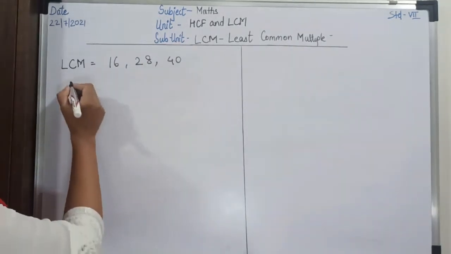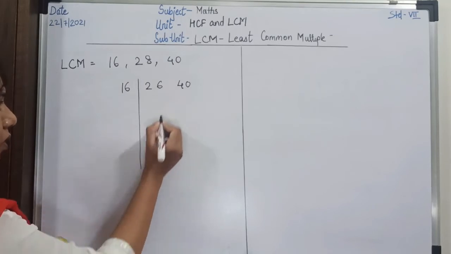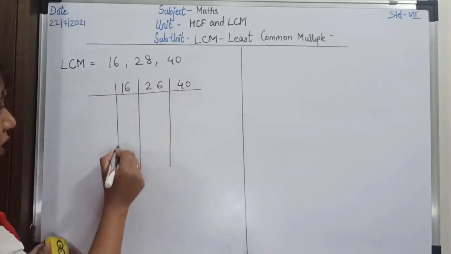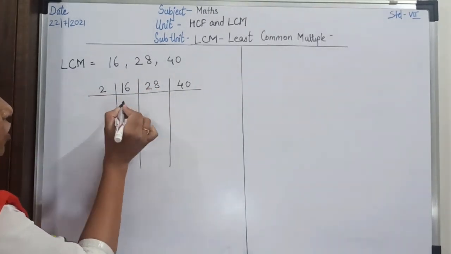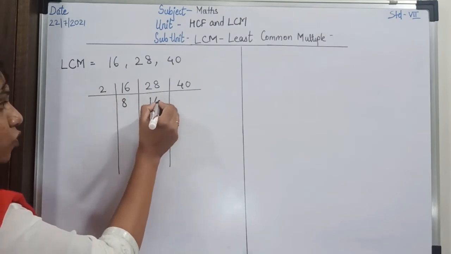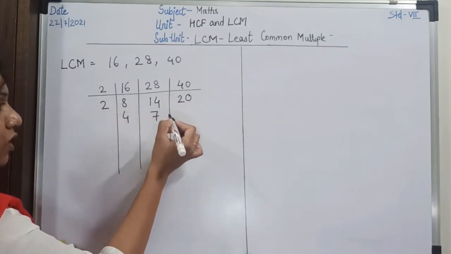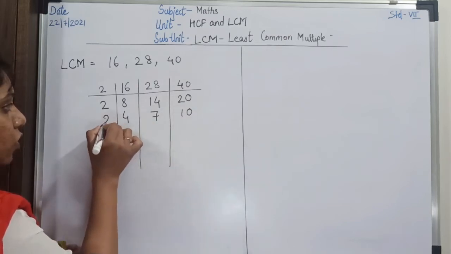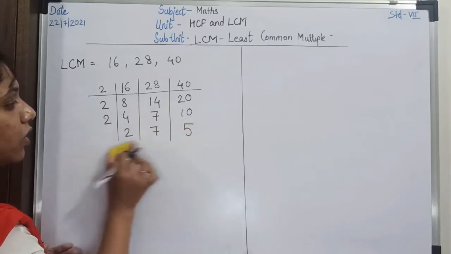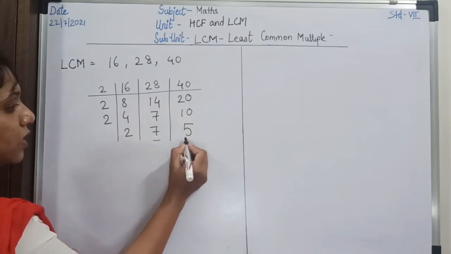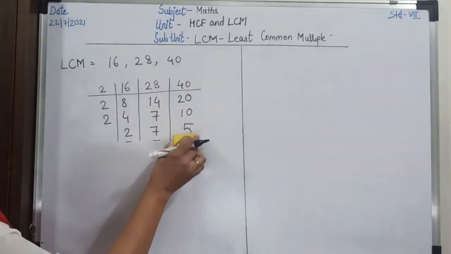So let us solve. 2 8s are 16, 2 1s are 2, 2 4s are 8. 2 4s are 8, 0 down. 2 4s are 8, 2 7s are 14 and 2 1s are 2, 0 down. 2 2s are 4, 7 just like that and 5. So now this and this can only divide by themselves, correct? So we'll just keep them like that.